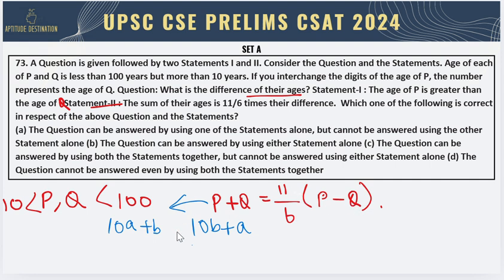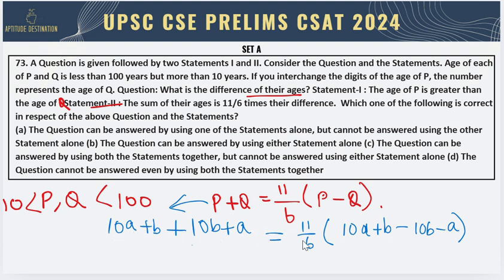We know that P plus Q is nothing but this, and here it's 11 by 6 into P minus Q. So for P minus Q, we can substitute 10A plus B is P, minus 10B plus A is Q. So minus is common to both, which means minus 10B minus A.